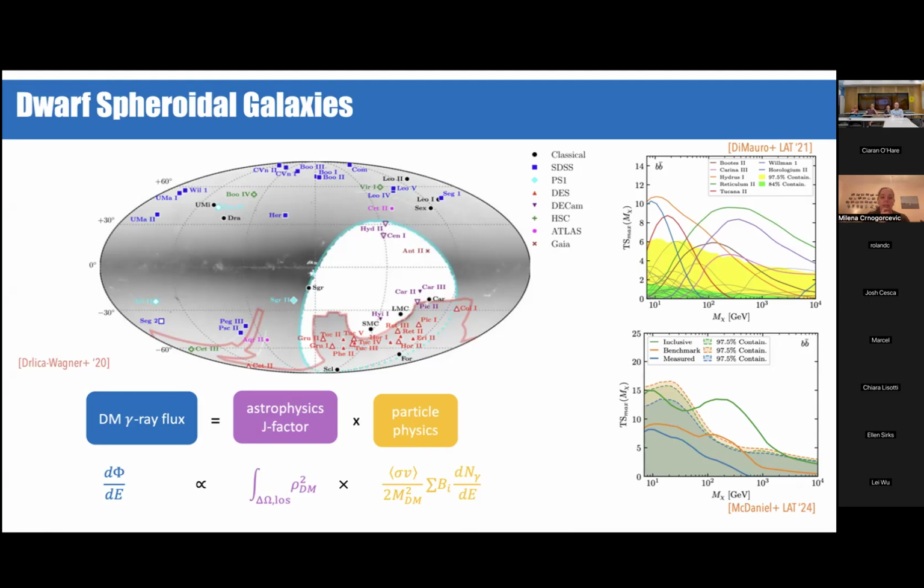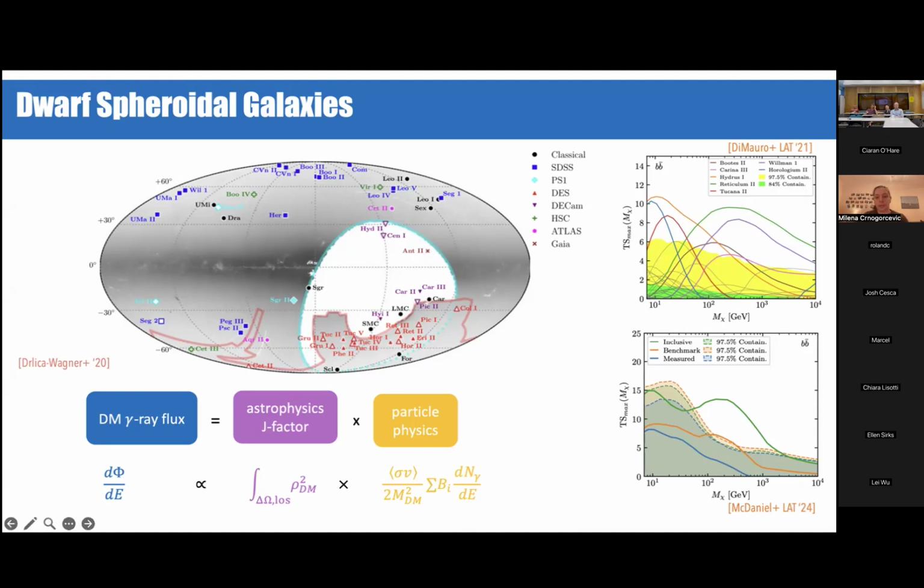And the reason why I say that is because the Fermi-LAT has been relying mostly on the increased number of sources as time progressed, in addition to the increased exposure with time. So the Fermi collaboration has done a number of analyses spanning different time ranges, but also different numbers of targets.